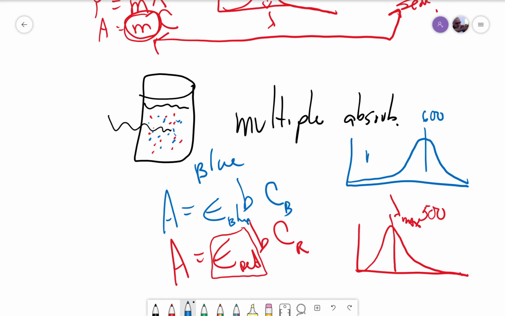Notice this is going to look blue to us because it's absorbing kind of in the red, and this one's going to look red to us because it's mostly absorbing in the blue. So if we put a photon through here, it depends on which wavelength we're putting through. If we put in a 550 photon, it may be absorbed by the blue and by the red.